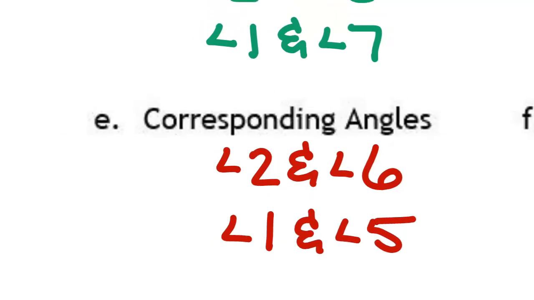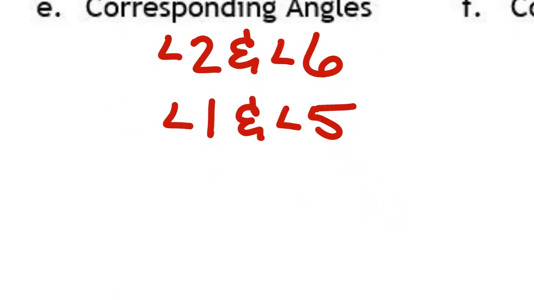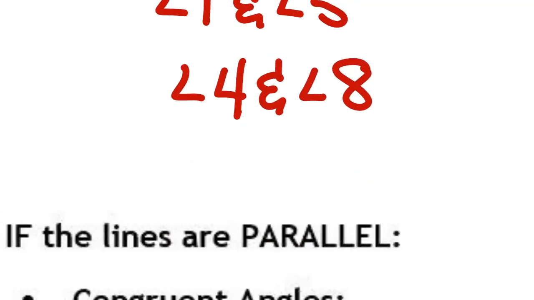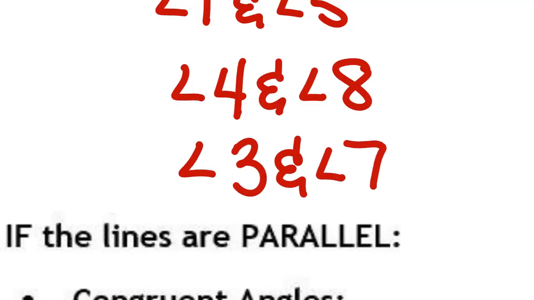That's my lower left, lower left. What's another pair? Angle, which one? Angle 4 and angle 8. 3 and 7. Upper right, upper right. Angle 3 and angle 7. I love it.